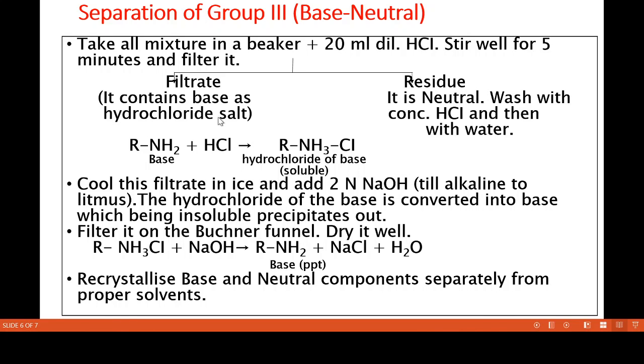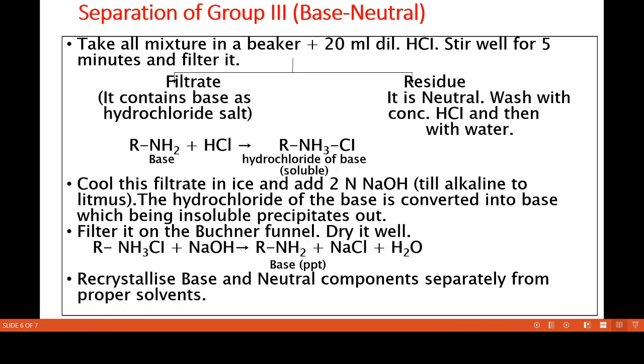So this filtrate is a clear solution, that's why in that filtrate we add 2 normal NaOH. When we add 2 normal NaOH, a precipitate is formed. That precipitate is nothing but the base compound. In this way we are getting the base from the filtrate and the neutral compound from the residue. We recrystallize that compound separately with the help of a proper solvent.